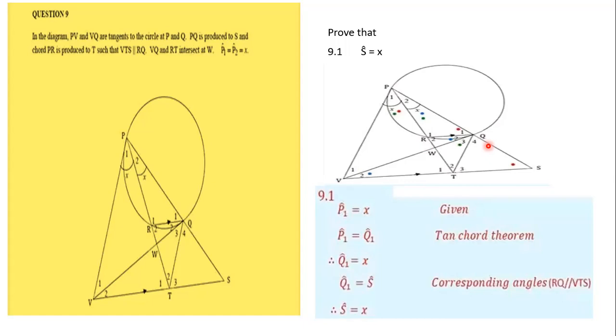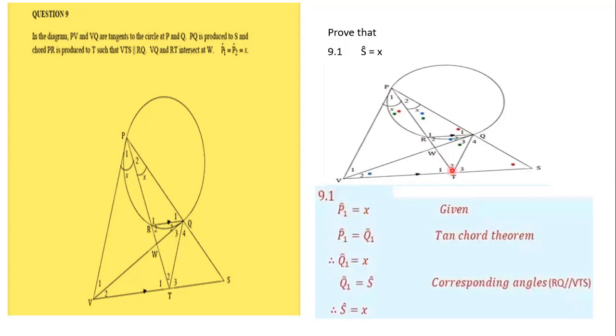If you don't remember, you can write down the corresponding angles, co-interior angles and alternating angles. But these angles are only applicable when there are parallel lines. Here we are told that RQ is parallel to the line VTS.